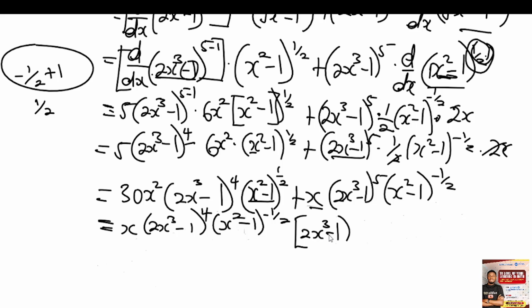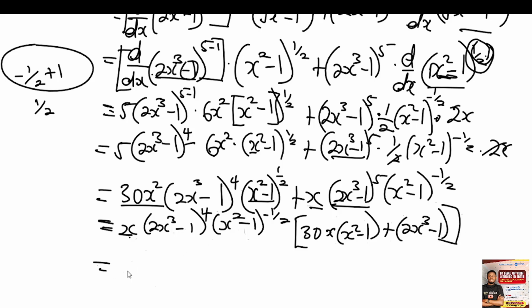Alright, so here we are left with 30x. Now x is out, so x times 30x will give us 30x², and that is what is here. So we bring 30x out, (x² minus 1), plus, then here too we are left with (2x³ minus 1).